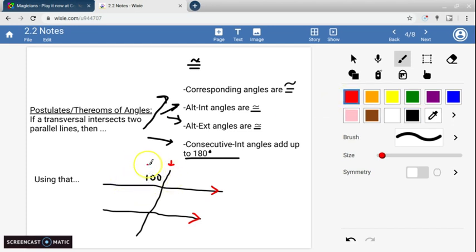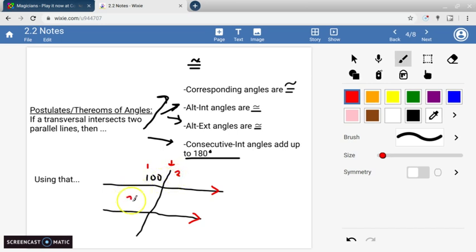Let's say this one is 1, this one is 2, this one is 3, this one's 4, this one's 5, this one's 6, this one's 7, and this one's 8. So which one corresponds with 1? It is 5, and knowing that rule, we know that that's 100 also.